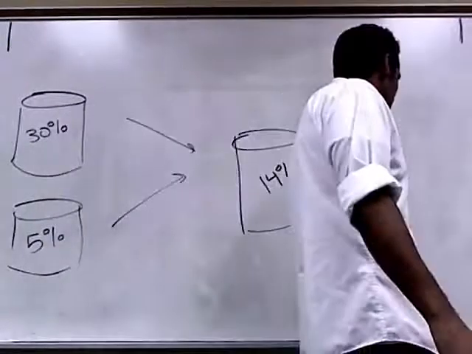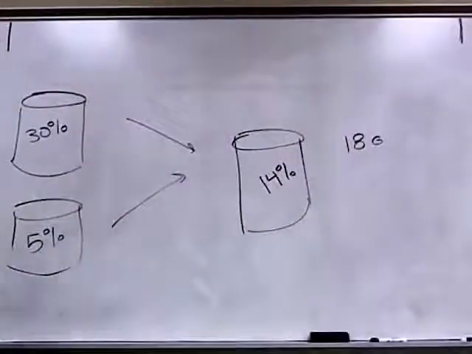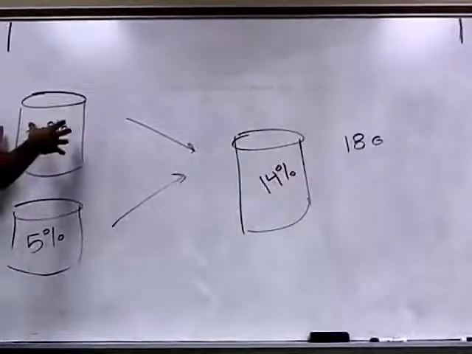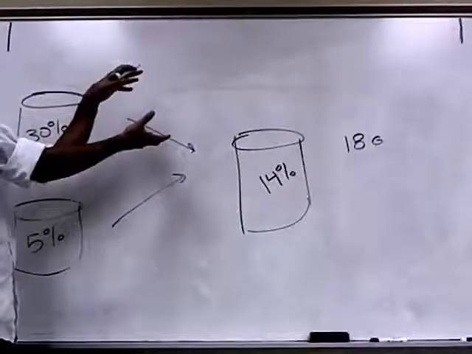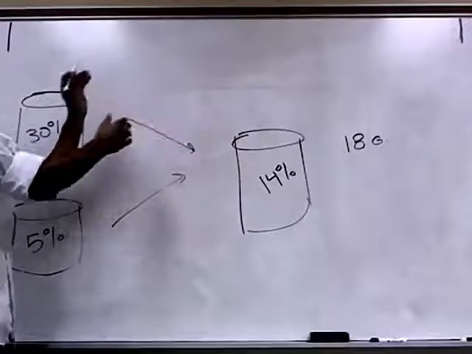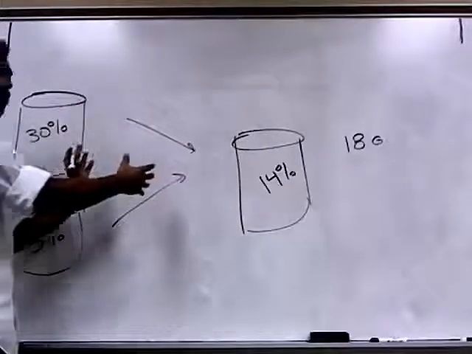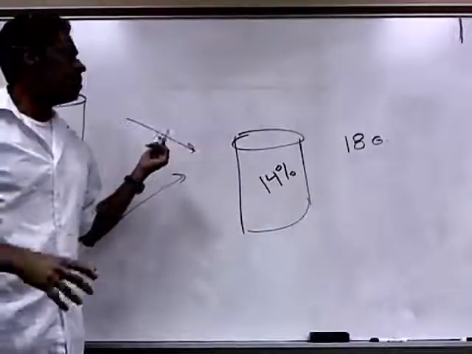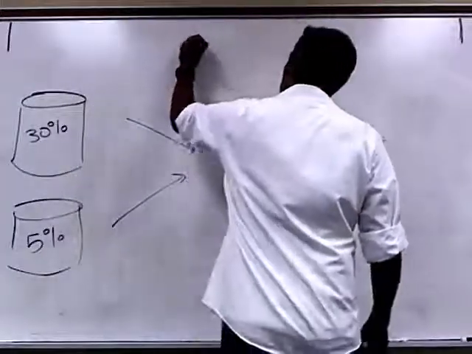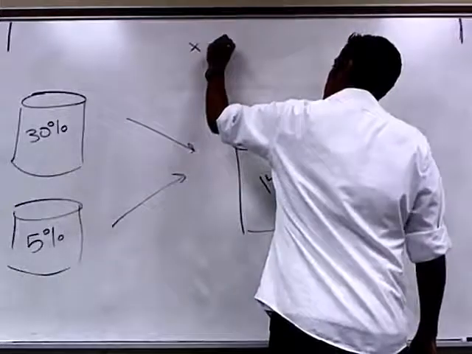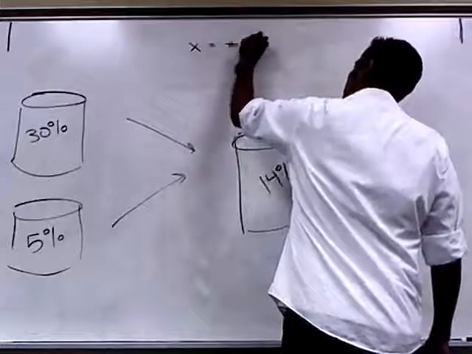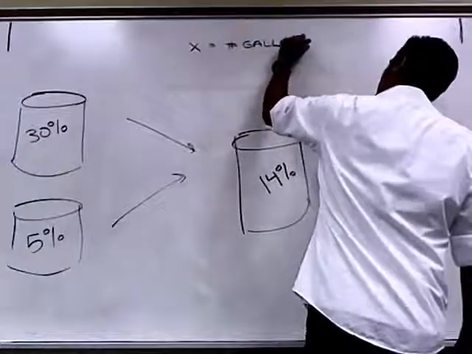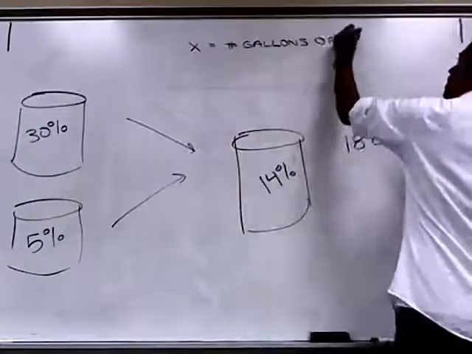So let's talk about what we're going to do here. We are going to take the 30% and pour some amount of it in, right? And then we're going to take the 5% and pour some amount of that in. The question is how much of each, right? So let X be equal to the number of gallons of the 30% mixture.